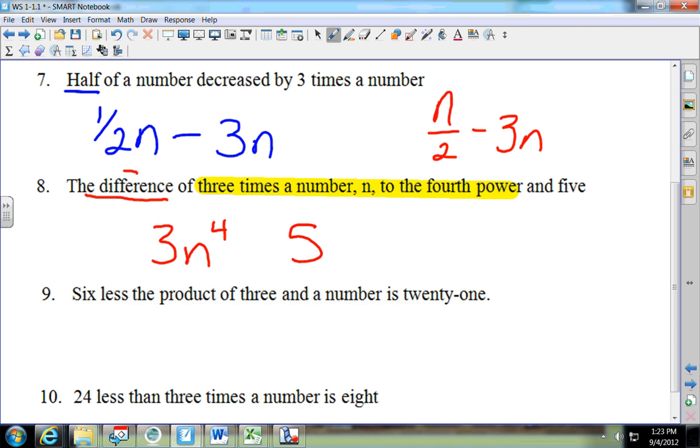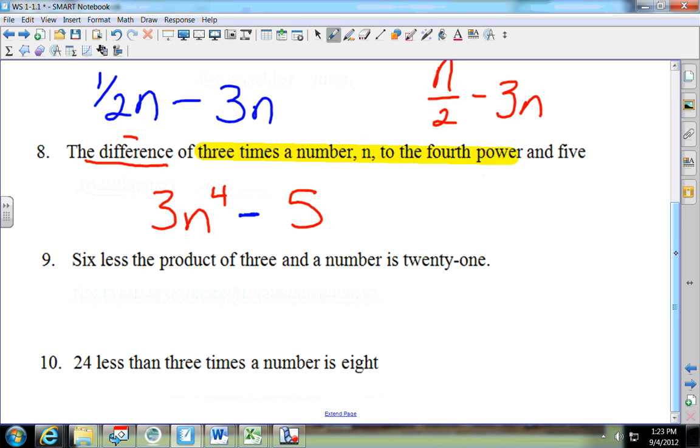What should go in between it? A minus for difference. Okay? But you can get discombobulated because you miss all this right here. The difference is right here, and the minus sign is going to go in between where this and the "and" is.